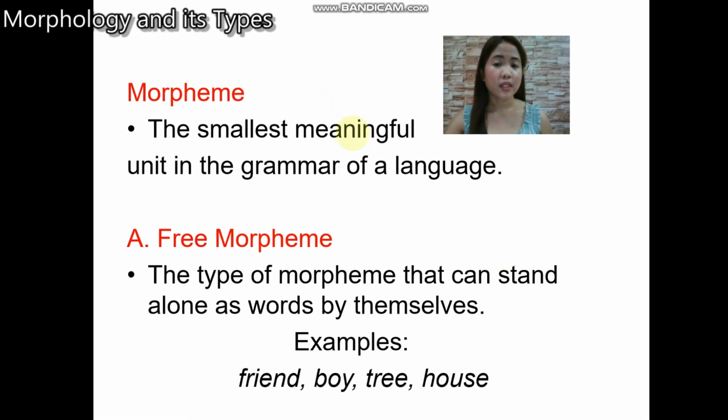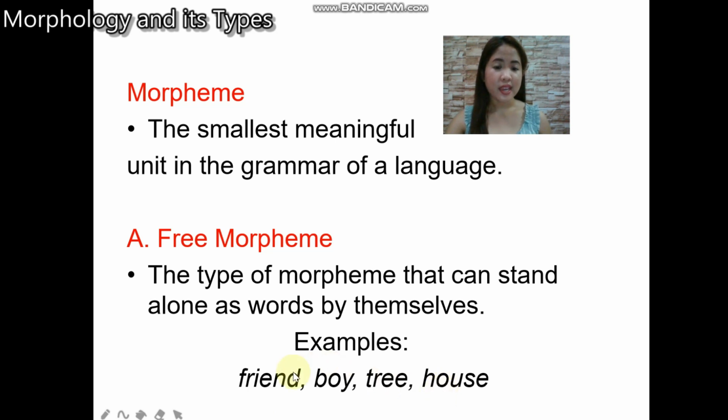Morpheme is the smallest meaningful unit in the grammar of a language. It has two types. First, the free morpheme, and the other one is the bound morpheme. The free morpheme can stand alone as words by themselves. We have examples such as friend, boy, tree, and house.